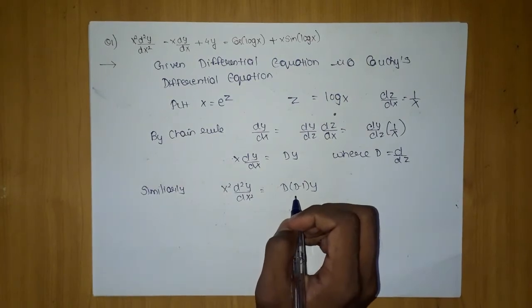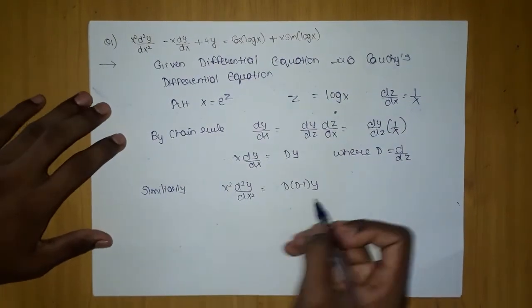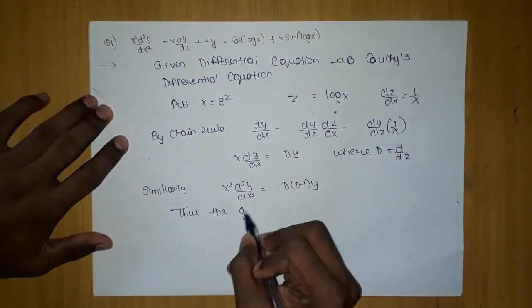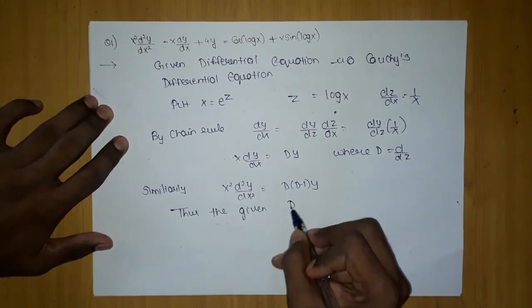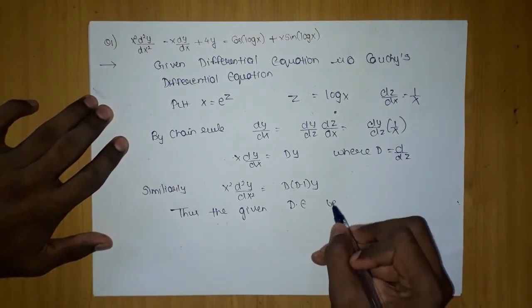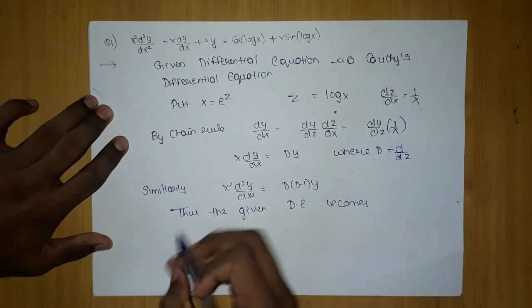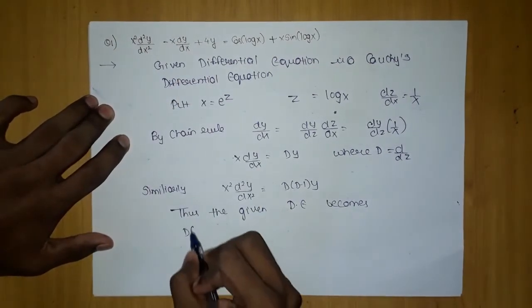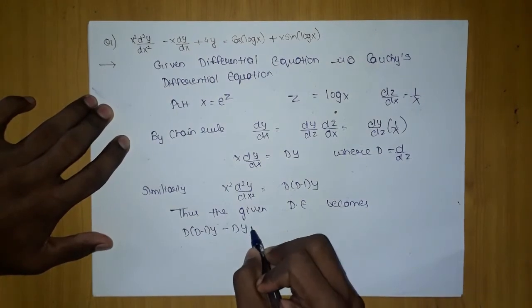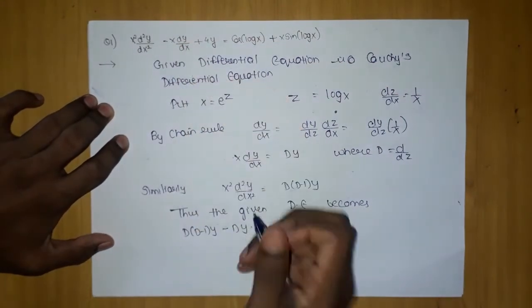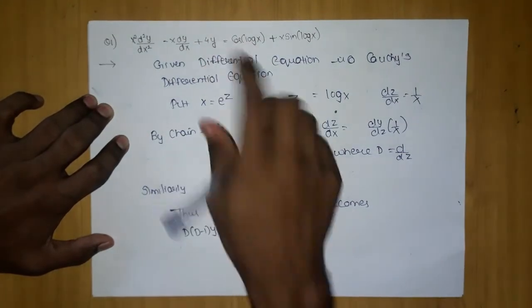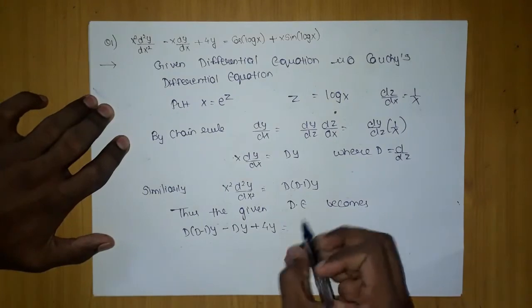After this, the given differential equation becomes, here we will substitute D into D minus 1 into y minus D into y, and after this we cannot substitute anything here, it is normal, plus 4y equals cos.